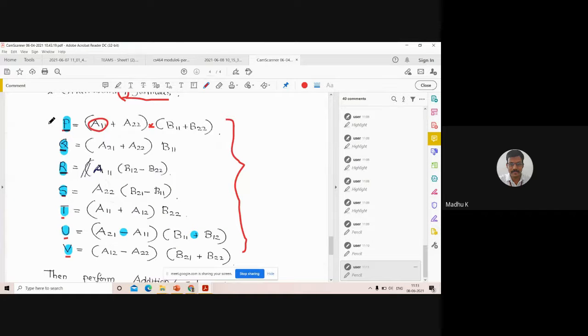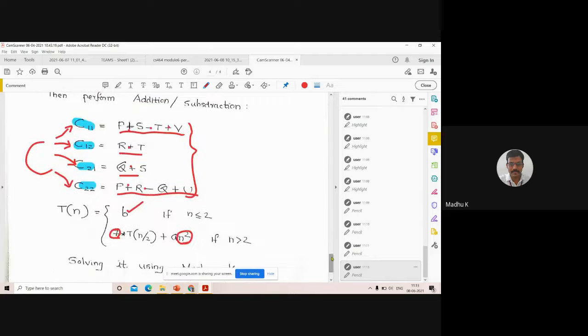Then we want to calculate the variables P, Q, R, S, T, U, V using these equations. This is basically matrix addition and multiplication. After this, you want to calculate C11, C12, C21, C22 using these equations.